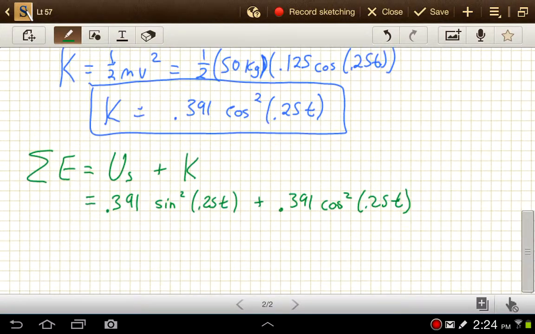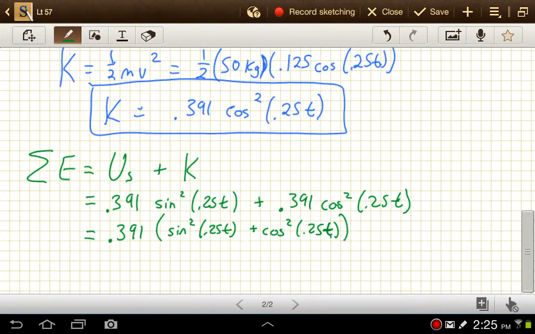And here's a neat little trick. We can factor out the 0.391 and we get sine squared of 0.25t plus cosine squared of 0.25t.